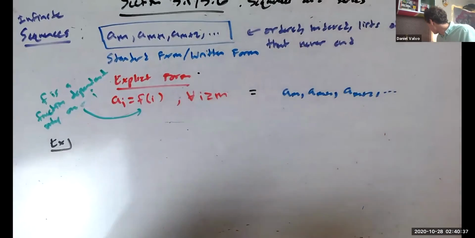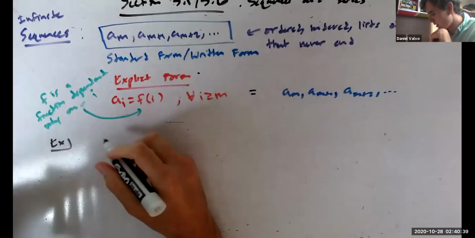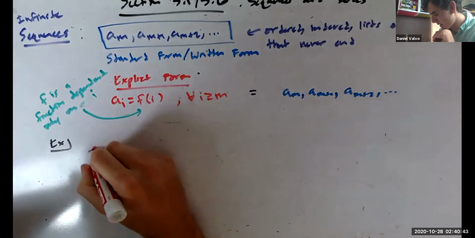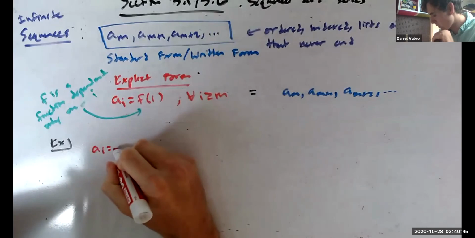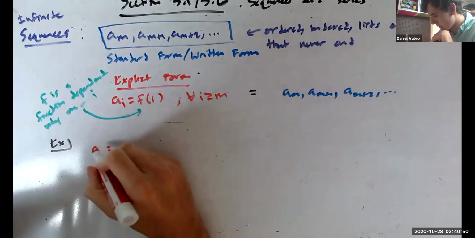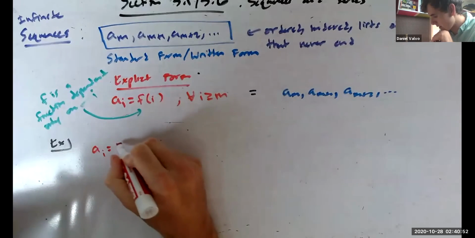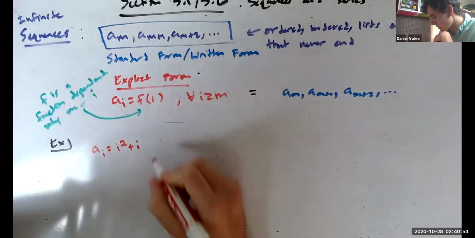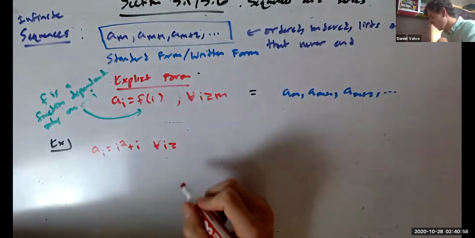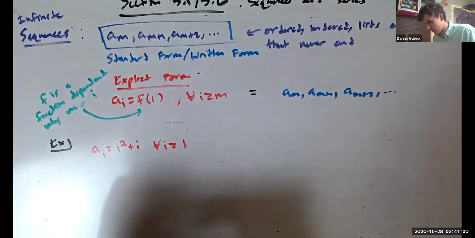So for example, we've done things like this before. Let's have the sequence a_i equal to i squared plus i for all i greater than or equal to 1.